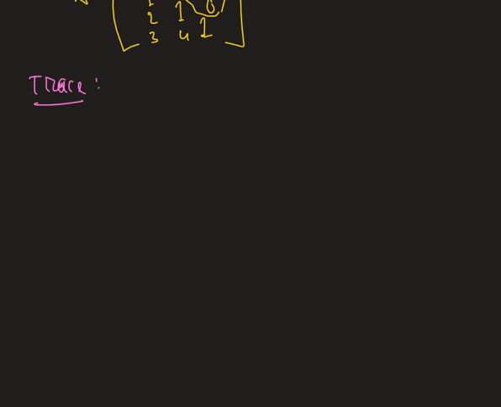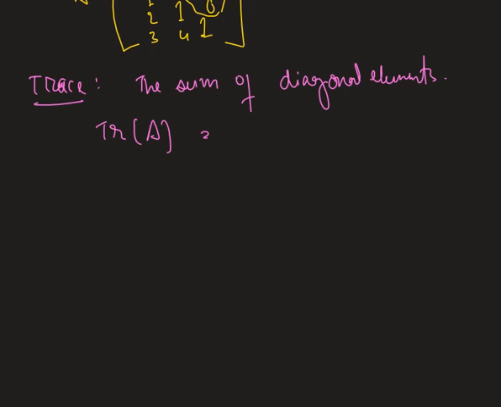Then the sum of the diagonal elements of A is called the trace of A. It is defined as trace of A, which is nothing but the sum over Aii for i equals 1 to n if A is an n cross n matrix.